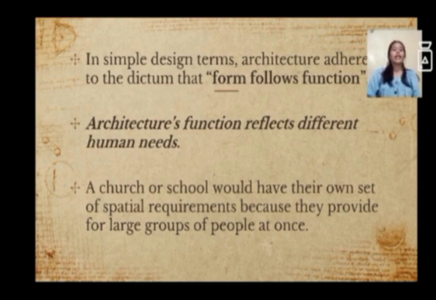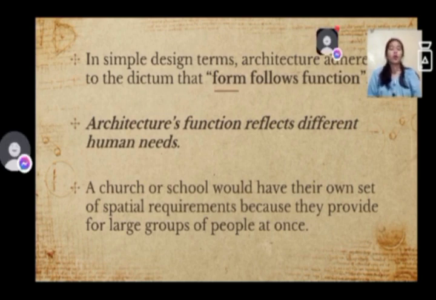So as they say, form follows function in architecture, and it reflects different human needs. That's why a school cannot have a small space or small design. It is because the people going to school are not just 10, 5, or 15. Some classrooms reach 45 or 55. And a church also has a different set of spatial requirements.